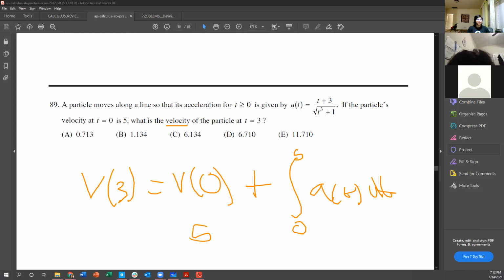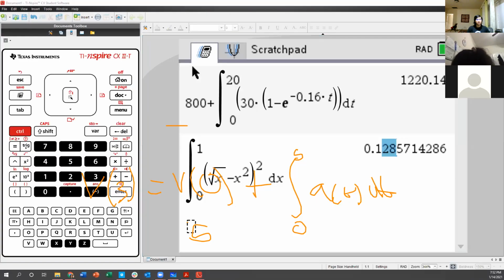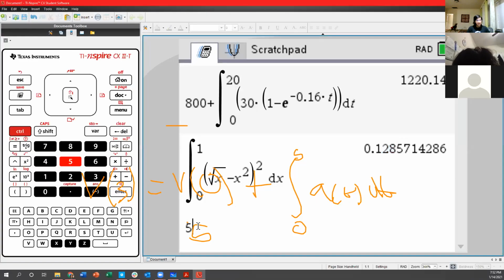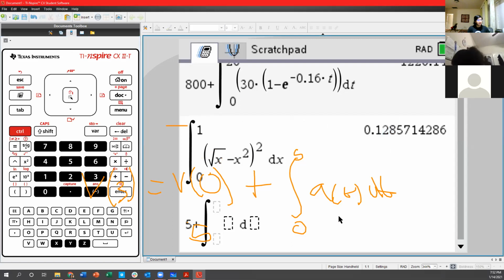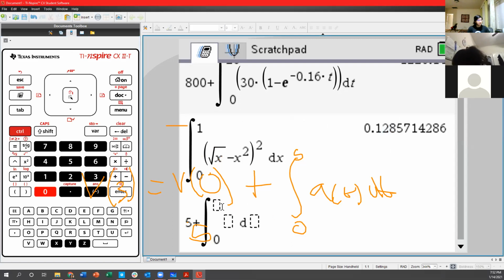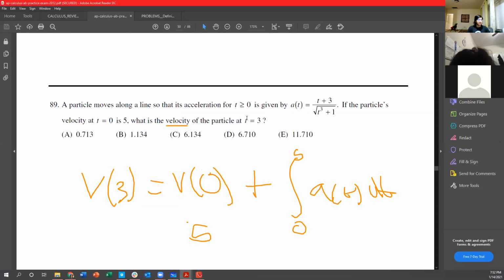I'm just going to directly plug this into my calculator. So I'm going to have 5 plus the integral from 0 to 5. No, wait, is it 0 to 5 or 0 to 3? I'm sorry, I wrote 5 here. That should be a 3 because we're looking at the velocity at 3.